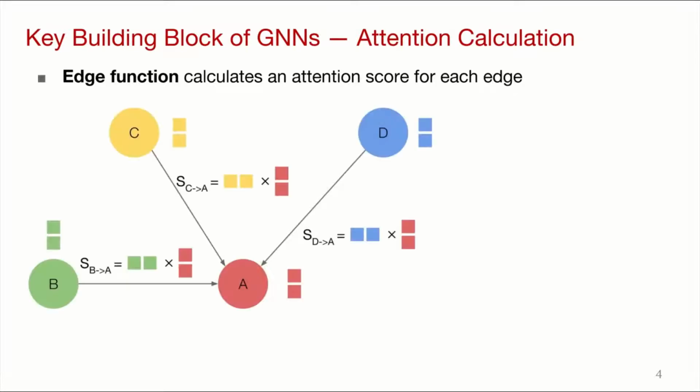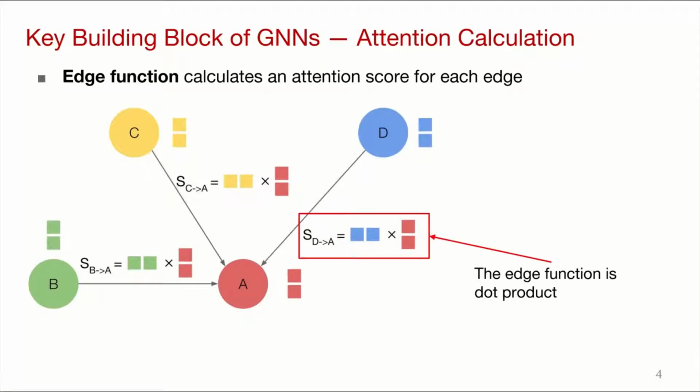The figure here shows an example of dot product attention. The edge function performs a dot product between the source vertex feature and the destination vertex feature, and it generates an attention score on the edge. Same here, the edge function is customizable. Dot product is just one of them. Okay, those are the key building blocks of GNN, message aggregation and attention calculation.